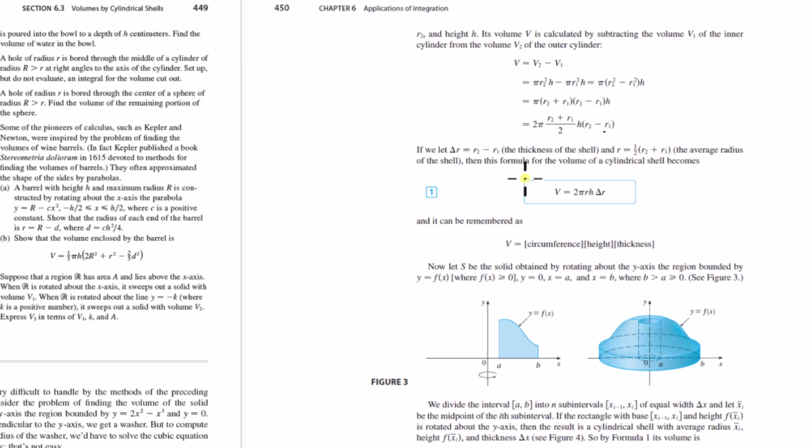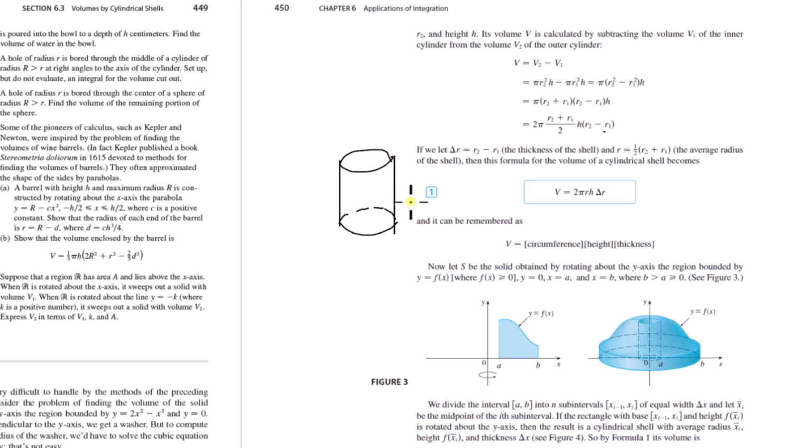And so the formula of a cylindrical shell you can write as, this makes it more intuitive, 2 pi R H delta R. And this is intuitive because whenever you're just getting the volume of a solid right cylinder, you just do pi r squared H, right?